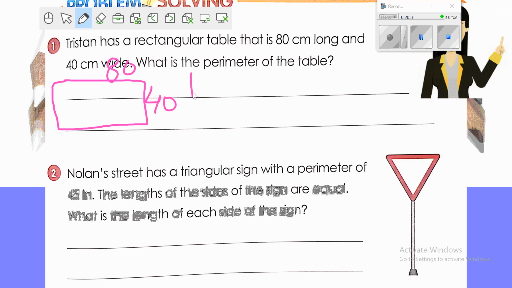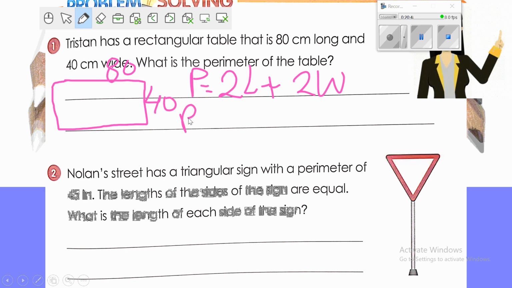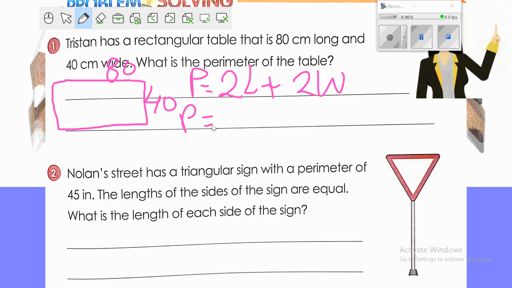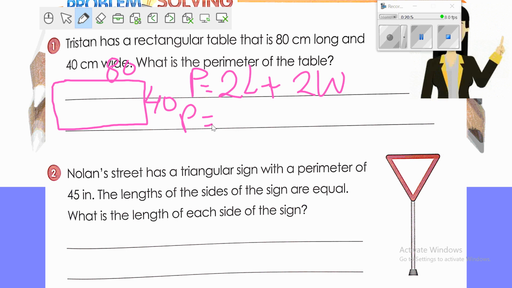The formula, as I told you, P is double L plus double W. What is the double of 80? Double of 8 is 16, so 160. Plus what is the double of 40?